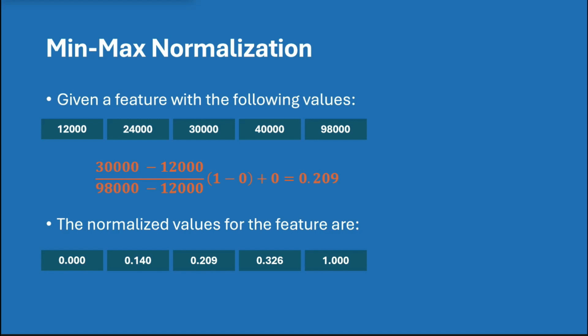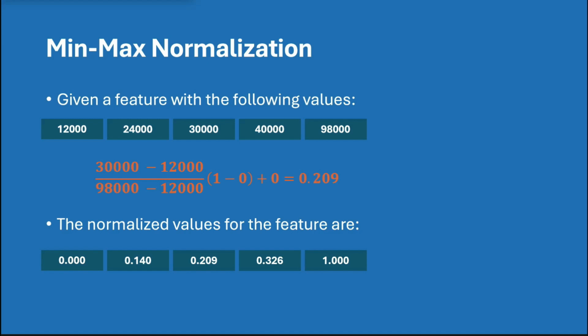Assuming that we set the upper bound to 1 and the lower bound to 0, to normalize the third value, 30,000, we apply the min-max normalization formula, which yields 0.209. Using the same for the remaining 4, the min-max normalized values for the feature will be 0.209, 0.326, and 1.